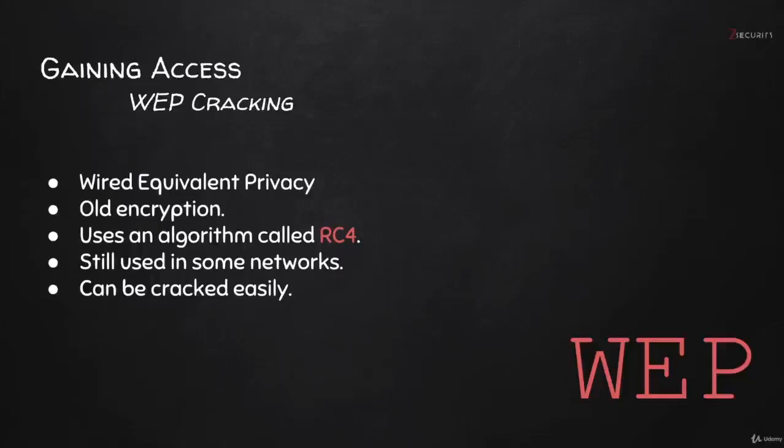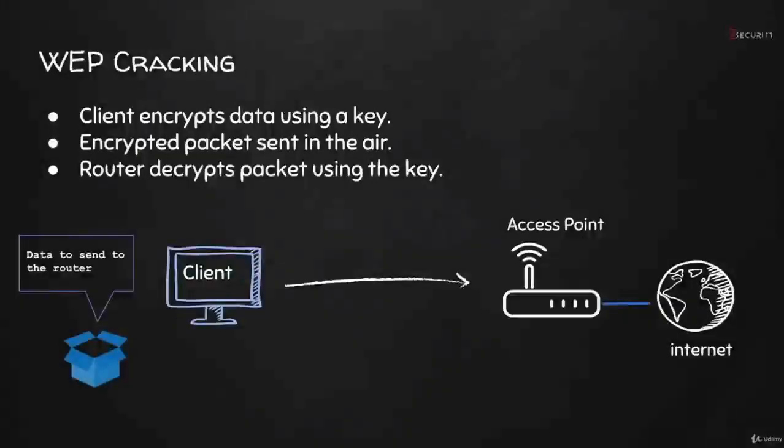So basically, WEP uses an algorithm called RC4 to encrypt its data. The way this works is, if a client wants to send something to the router, and let's say it wants to send this text data, it'll first encrypt this using a key.